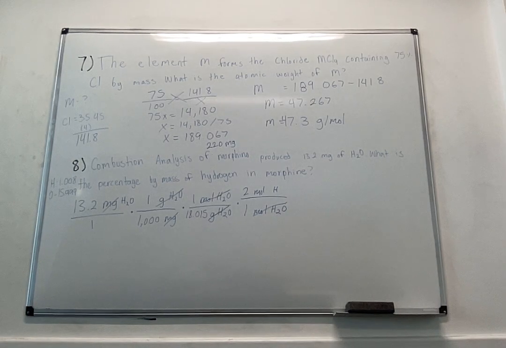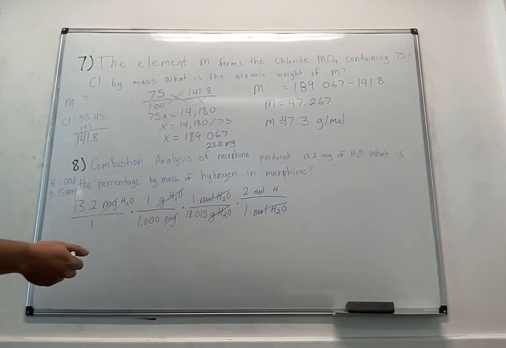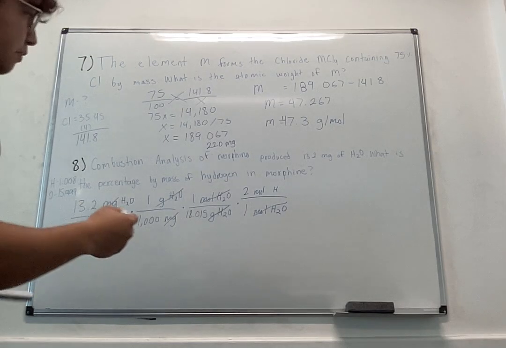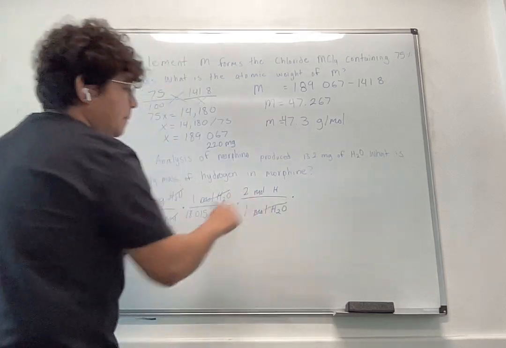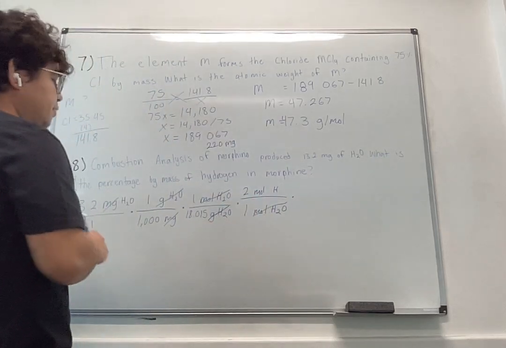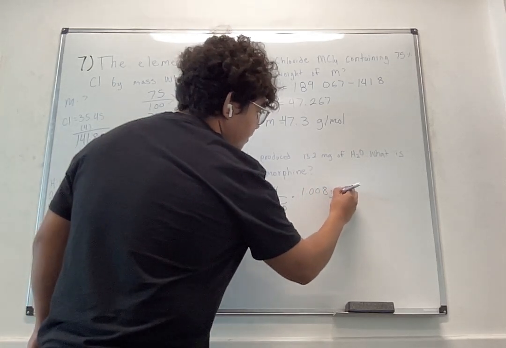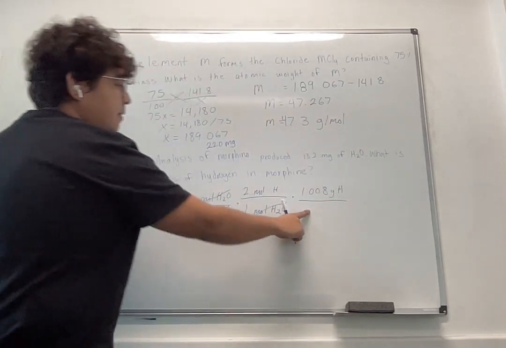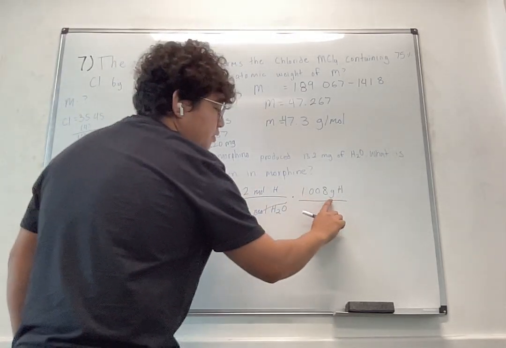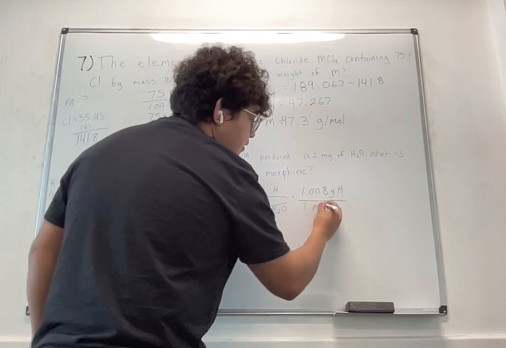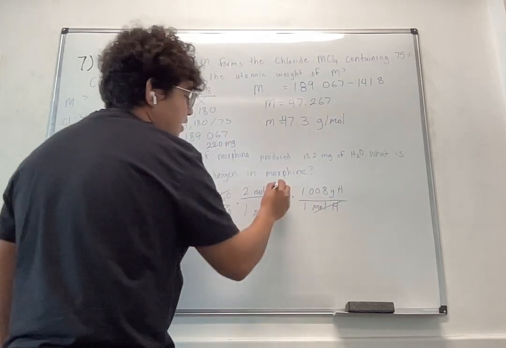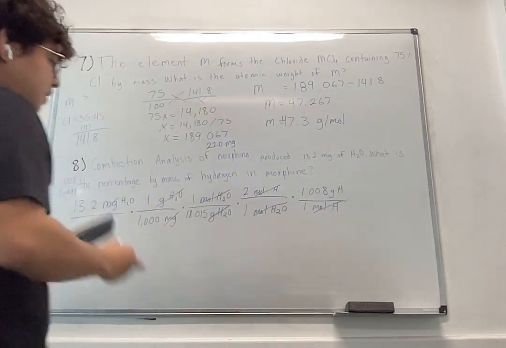And our final step in finding the mass of hydrogen would be to multiply times our mass of hydrogen, which is 1.008 grams of hydrogen, and divide by the mole. So 1.008 is for 1 mole of hydrogen. Here, mole of hydrogen cancels out, and we're at grams again.